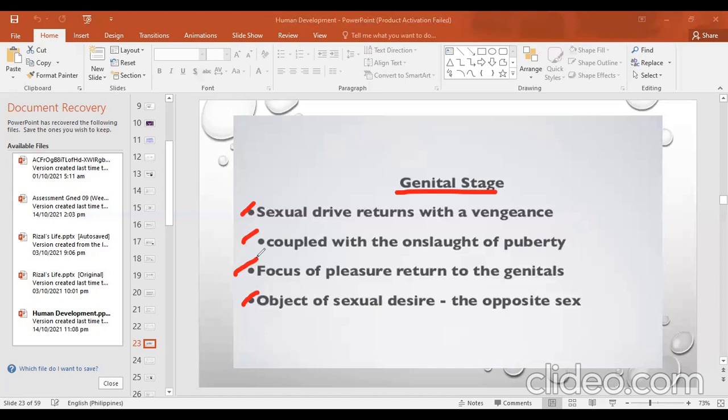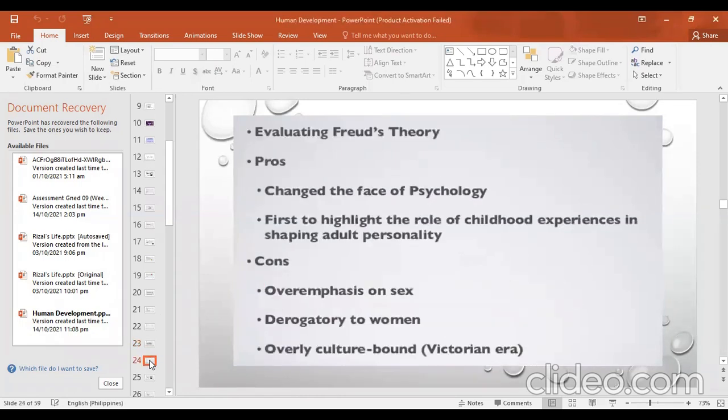Kumbaga, andito yung tinatawag natin na hindi mo pa rin kilala totally yung self mo, yung gusto mo. Okay? Now, just to give you some summarization about the psychosexual stages of development. Ayan.